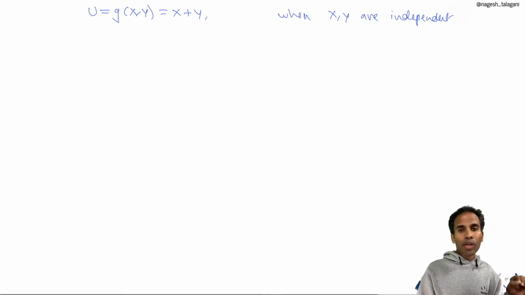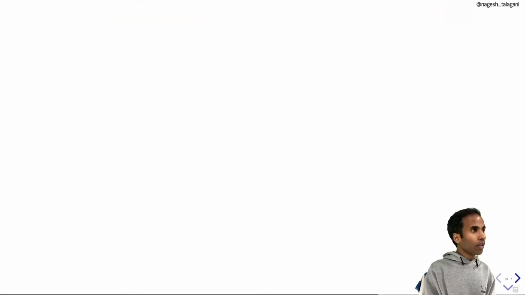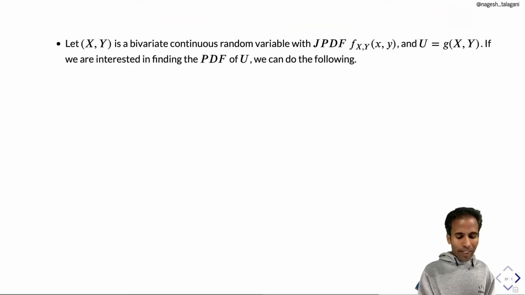Okay. Now we are going to give a powerful method using transformation, using which we can find out the PDF of u for some general function g of x, y, provided g has continuous partial derivatives. Here x, y is the continuous bivariate random variable with a joint PDF of x, y, and u equal to g of x, y.